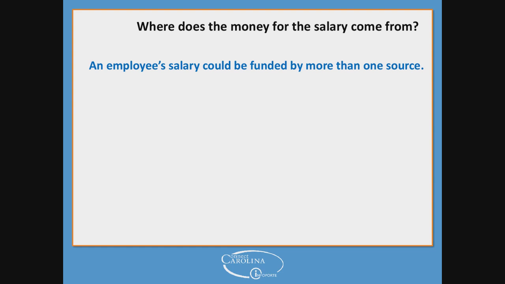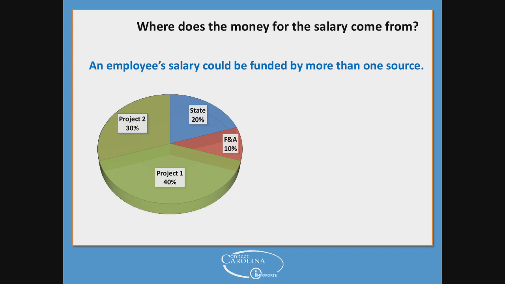An employee could be funded by one funding source, or by many funding sources. When those funding sources are entered, the person entering the action specifies what percent of the employee's salary each of those sources should fund. For example, one employee could be funded by 4 different sources: 20% covered by state funds, 10% by F&A funds, and then 2 projects take up the rest, one covering 30% and one covering 40%.